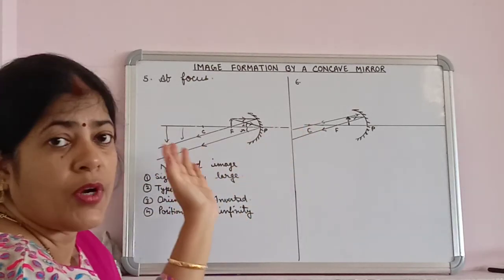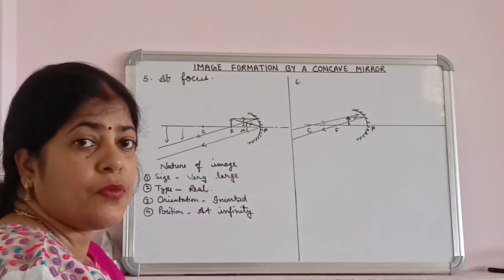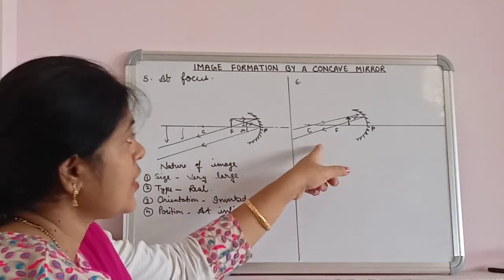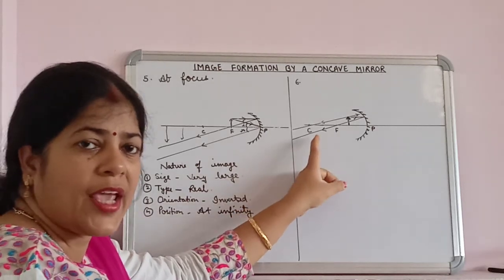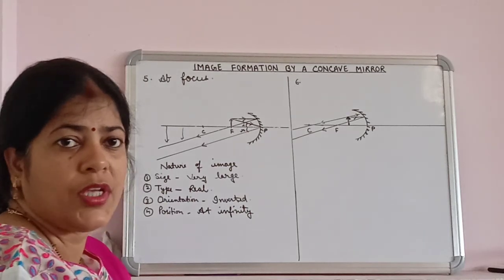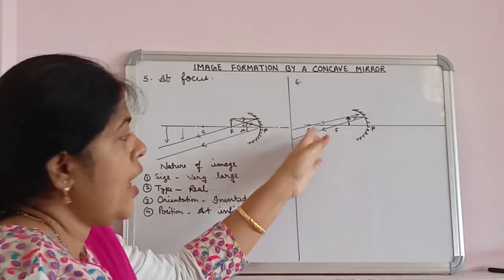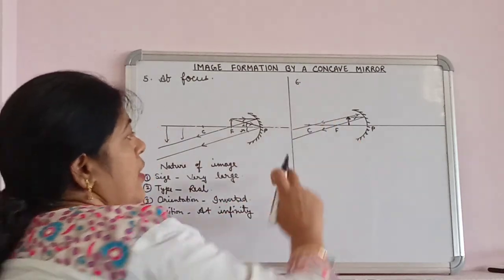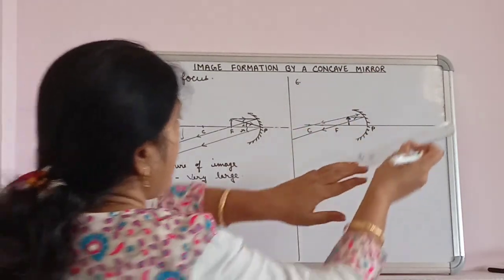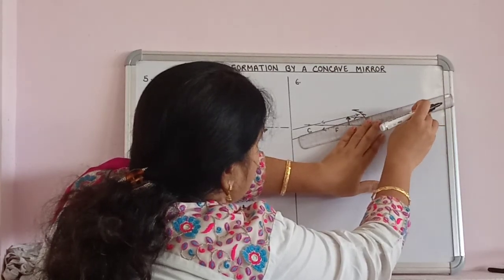In the last 4 or 5 cases we have seen that the rays were converging. But this is the only case, in case of a concave mirror, where the rays diverge away from each other. So they are not going to intersect in front of the mirror, and they need to be extended behind the mirror, and anywhere behind the mirror the image will be formed.